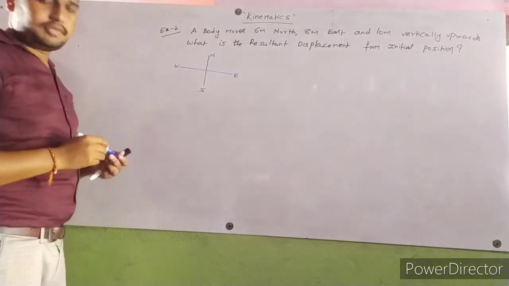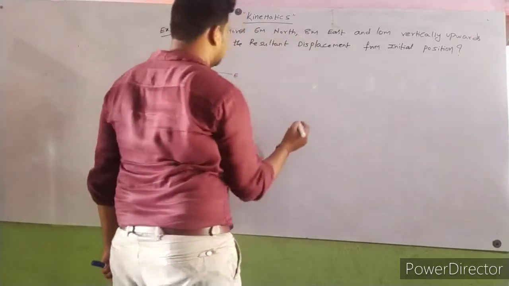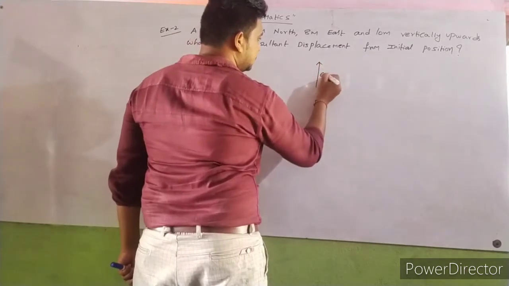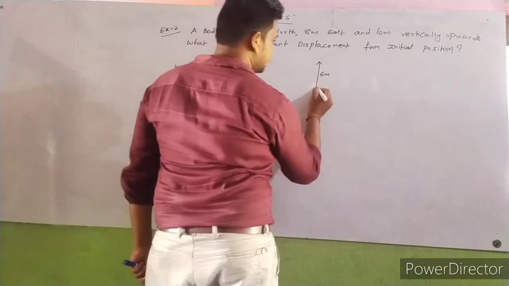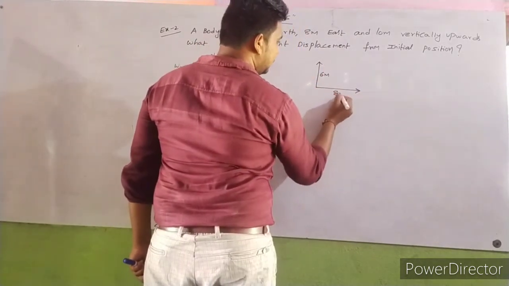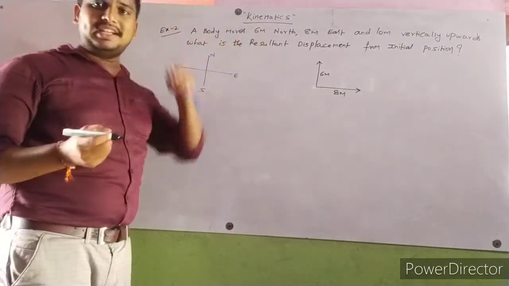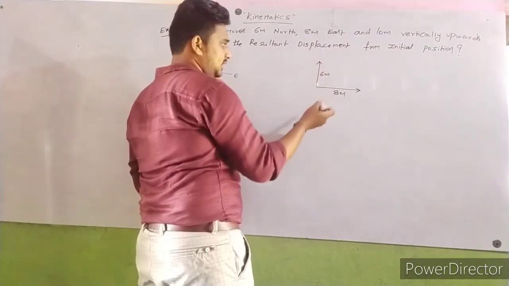So from this, the body moves 6 meters north, then 8 meters east, and 10 meters vertically upward. This is 6 meters north it is moving.